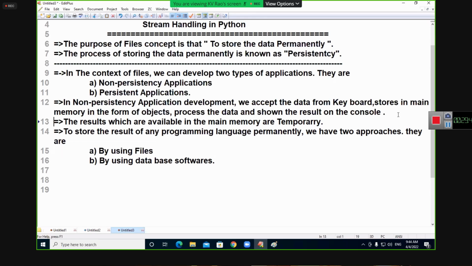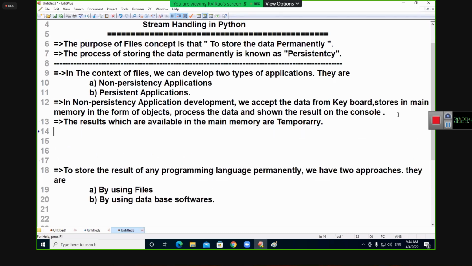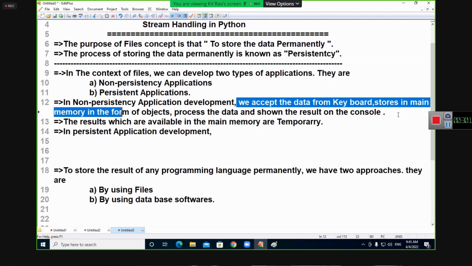Before going to that, one more point I want to write here. In persistent application development, what is happening?